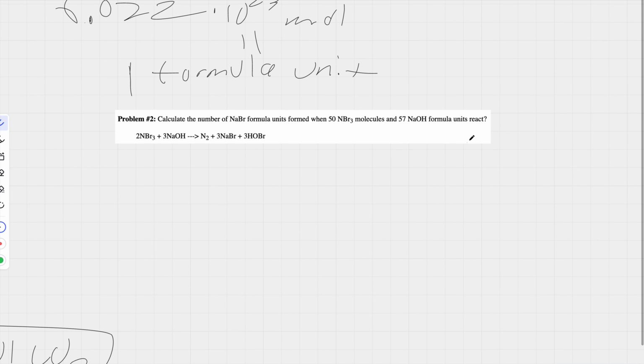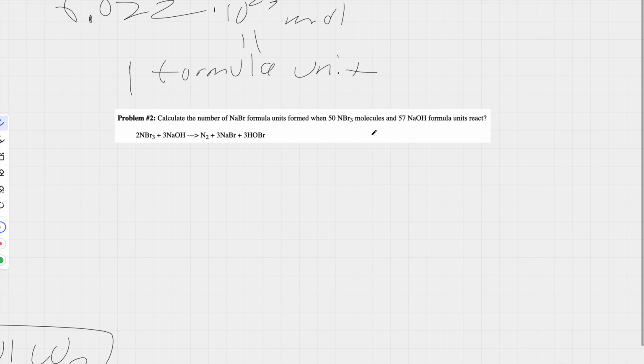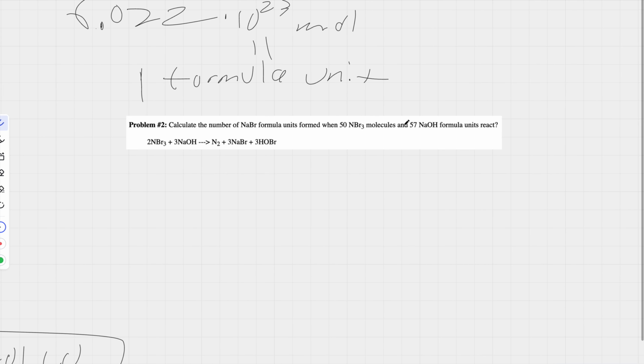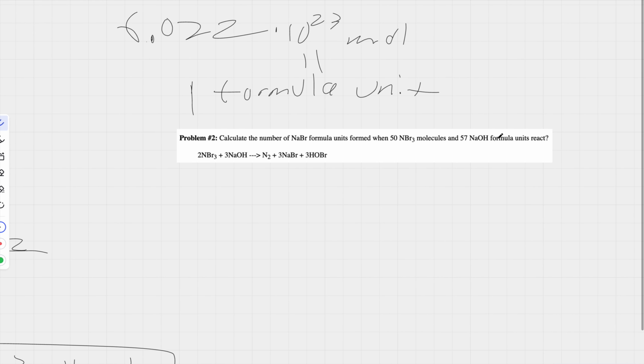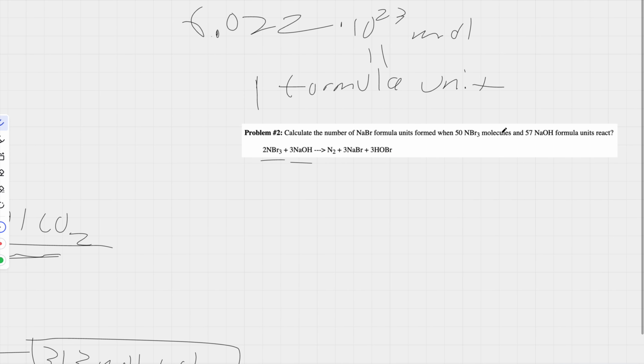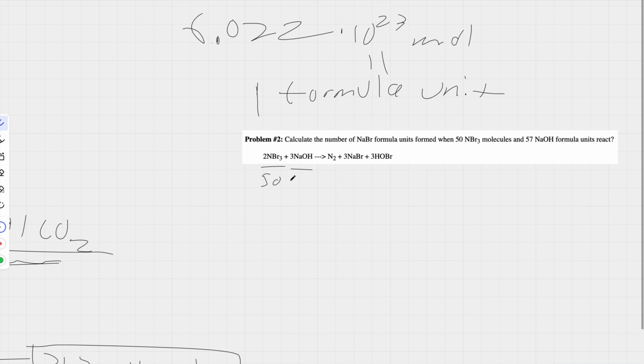So here we're given molecules and formula units for these 2 substances. We're given 50 molecules, and then 57 formula units for this one. Obviously formula units and molecules are the same thing, but that would just mess up the units.